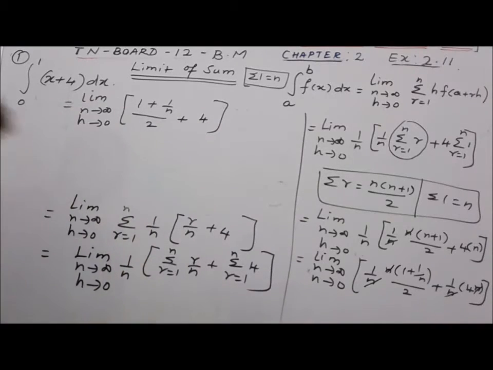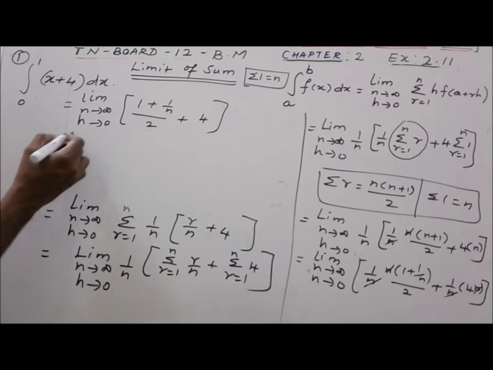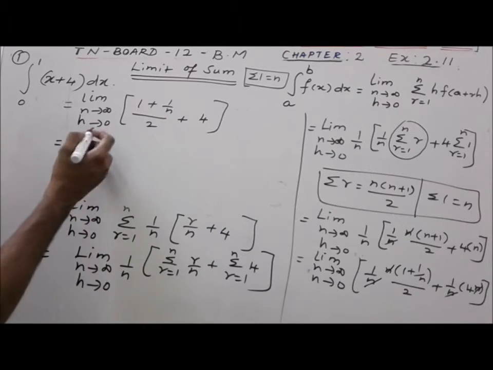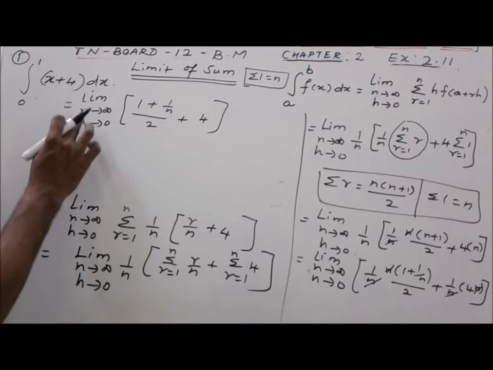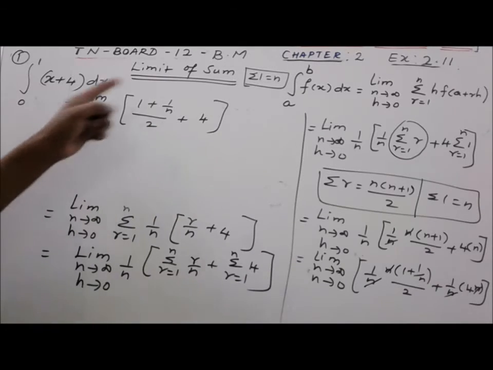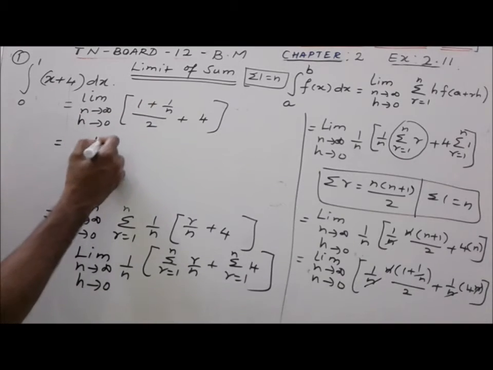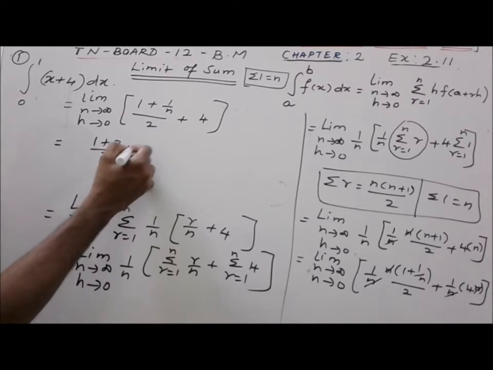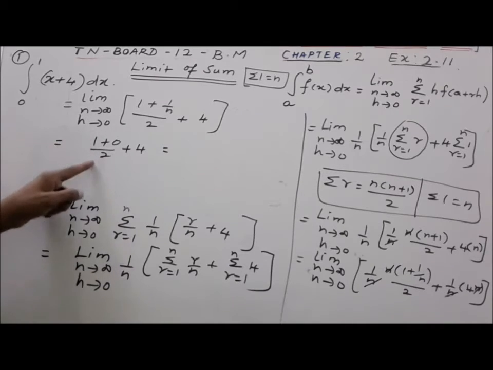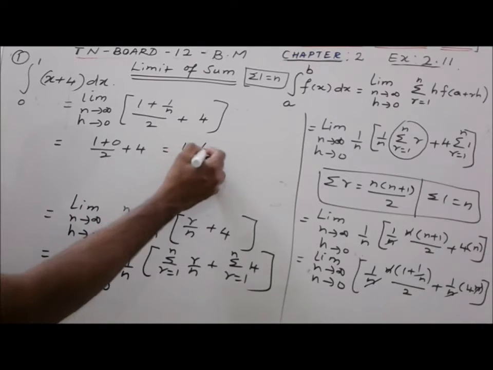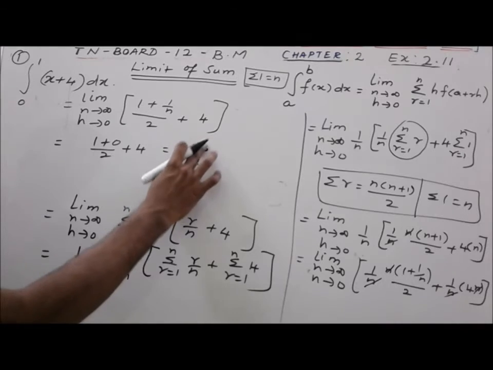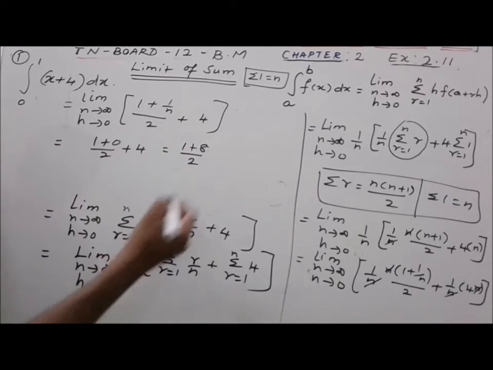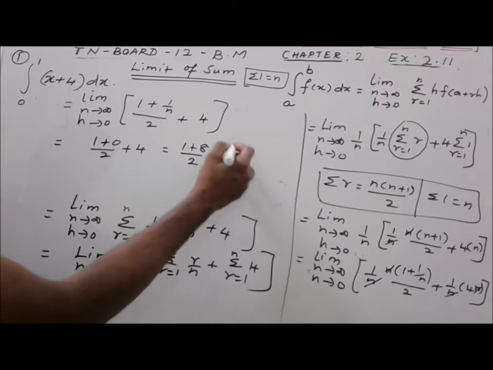Now n tend to infinity, substituting n tend to infinity, there is no h term, so simply substituting n tend to infinity here, 1 plus 1 by infinity is 0, so 0 by 2 plus 4. Simplify this: 1 by 2 plus 4 equal to 1 plus 8 by 2, that is equal to 9 by 2.